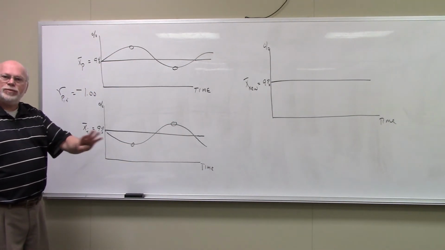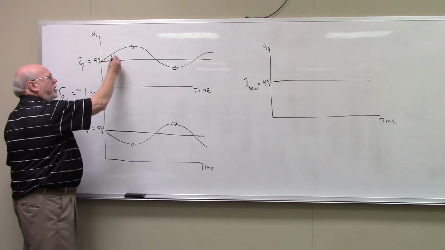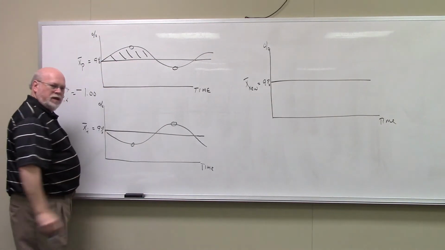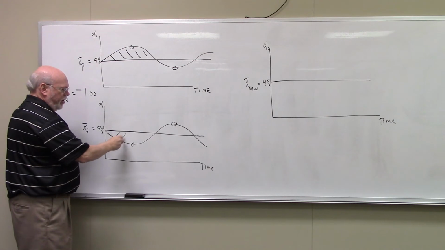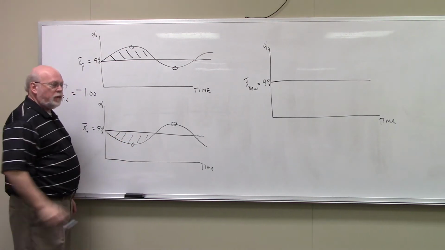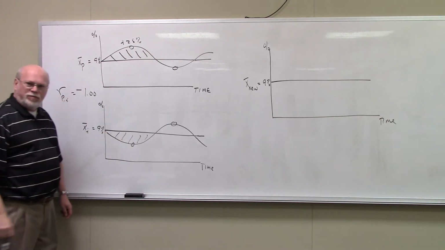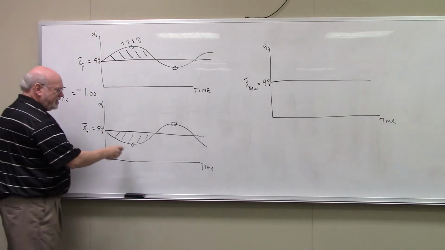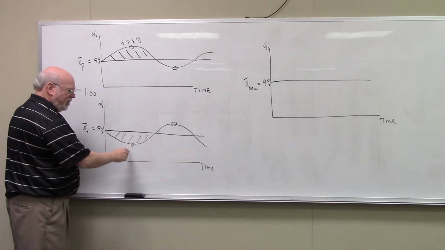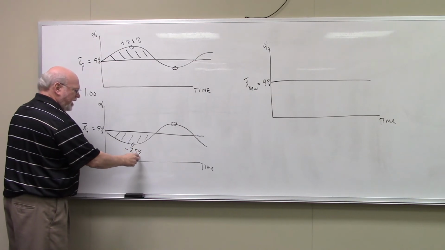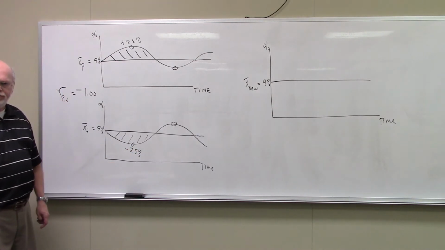When your asset returns are going down, this one's returns are going up at the same time. The other thing this means is that the area under the curve here is equal to the area under the curve there. So if these positive deviations sum to 25% positive, these negative deviations would sum to a negative 25%.